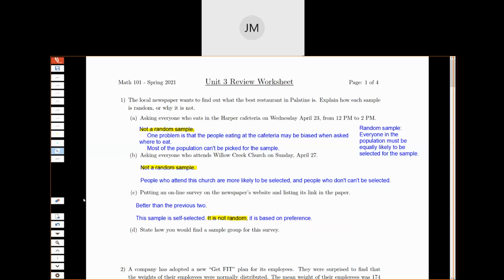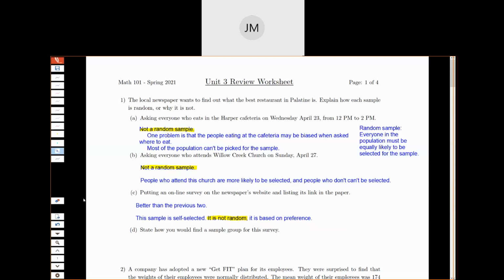Anybody have any ideas? How would you go about finding a random sample for this survey? Randomly pick people at the mall. That's getting better, right? At least then they're not self-selected. And we are picking from a big group.